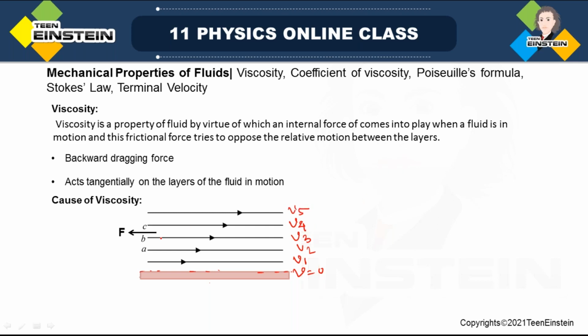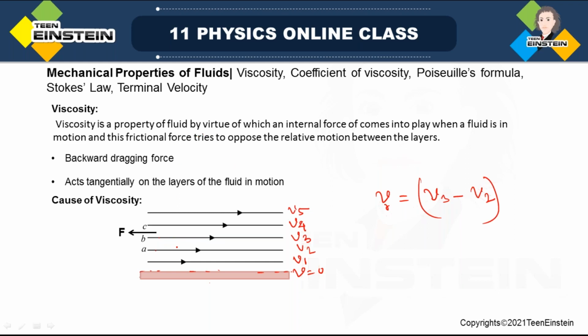If I take any two layers, suppose A and B, where A has velocity v2 and B has v3, there is a relative velocity vr equal to v3 minus v2. This is the relative velocity between these two layers.